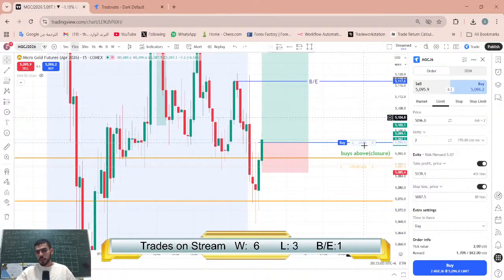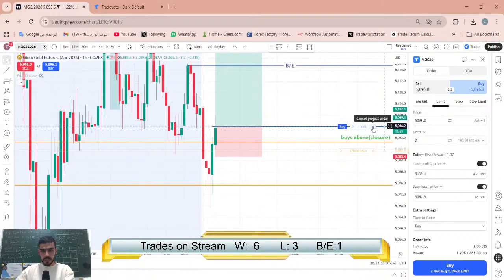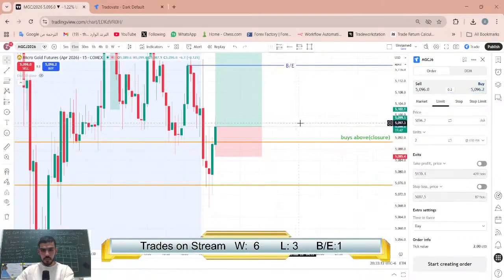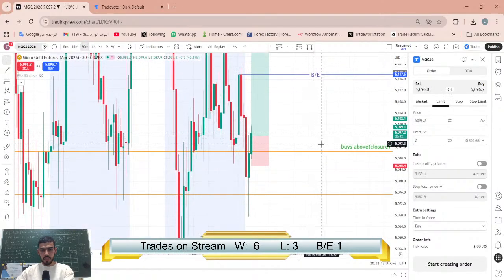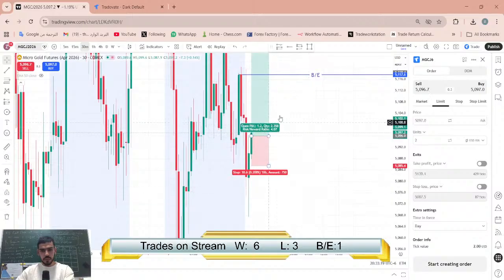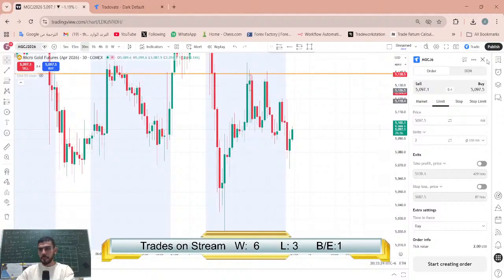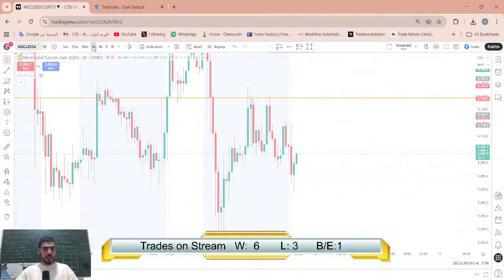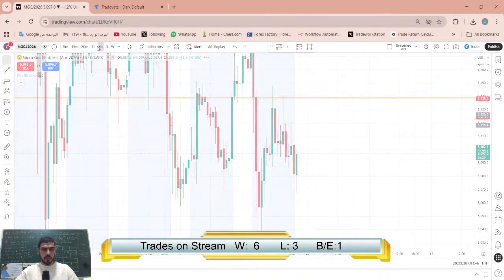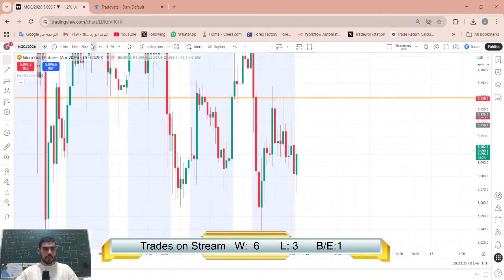Yeah. So now I think it's better to wait. Let's remove this, and let's do a fresh top-down analysis. All right, so on the 1 hour and the 4 hour, the 4 hour is bearish as well as the 1 hour.